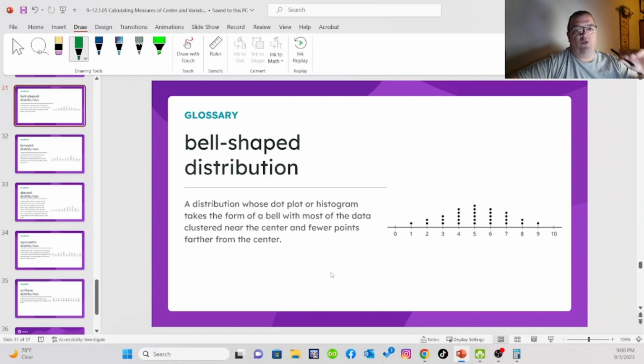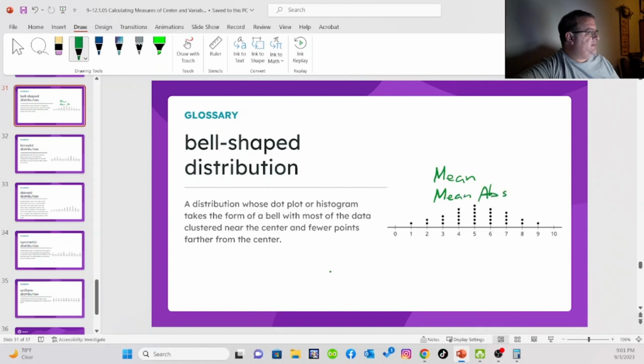So we can only use the mean when we have symmetrical data, because that means we don't have outliers. So if I look at a bell shape, I have just as many points to the left as I do to the right. So I could use the mean for this and the mean absolute deviation.